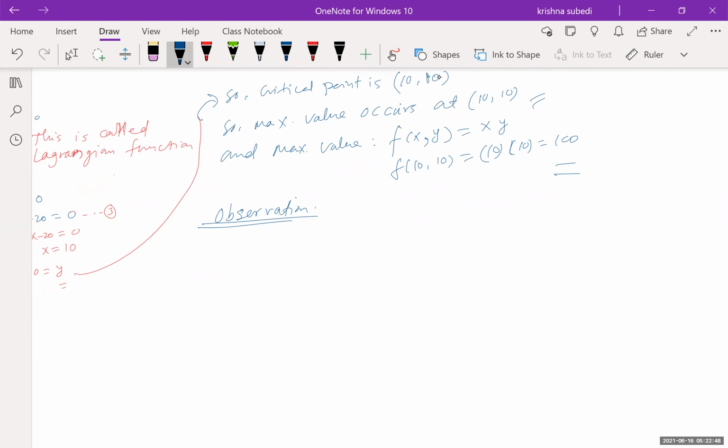So notice that our function is xy, and the condition or constraint is x plus y equals 20. That is the condition.